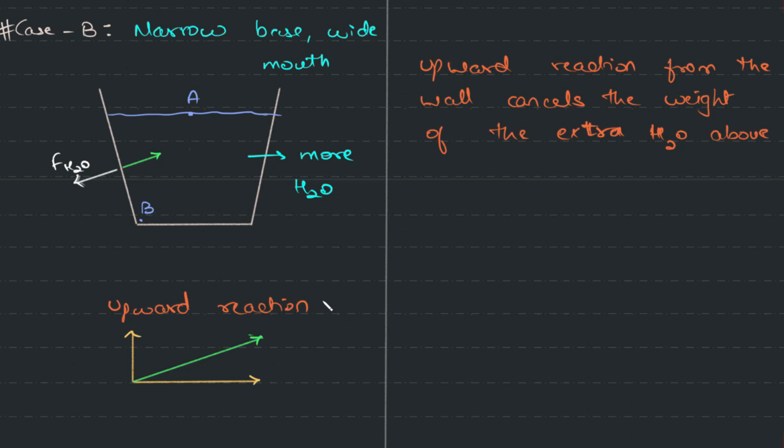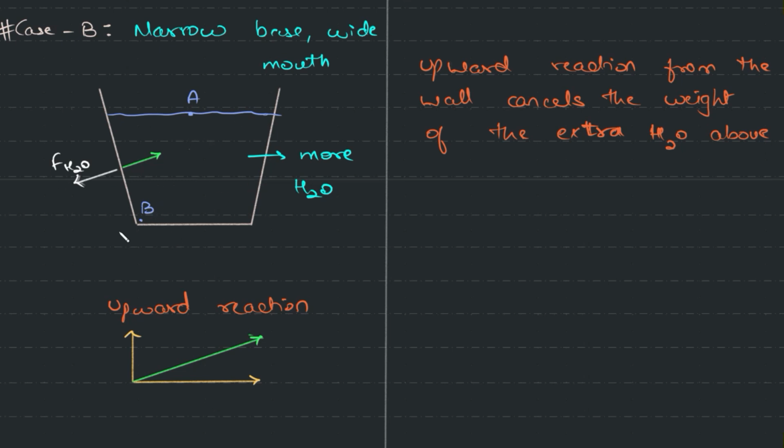Because of the upward reaction, there's some component which is pushing them up. So even though there is an excess of water, the side walls cancel the extra force that might be exerted by the water present in this container. It will be cancelled out. So the net downward bottom force will be dependent on only the narrow section.